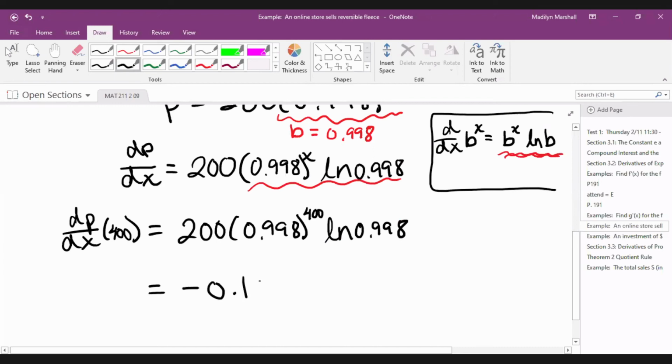And it didn't say how much to round to, but since we're talking about price, and price is in dollars, it would make sense to round to 2 decimal places. So I am getting negative 0.18. Yep, negative 0.18.